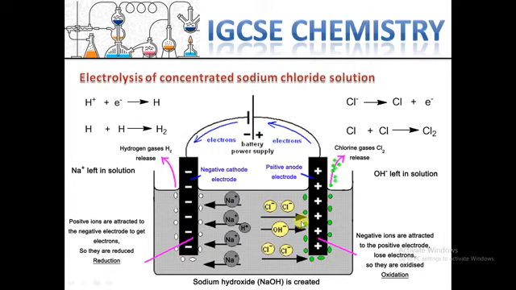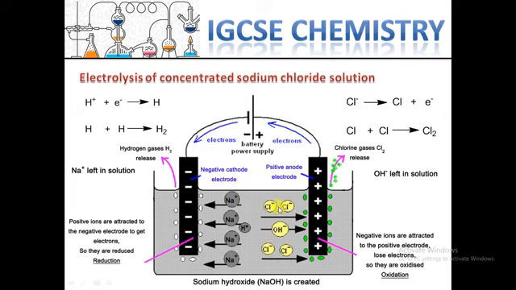On the other side, what happened? Here is the battery. The positive side is lacking electrons. This is the positive electrode that we call the anode.